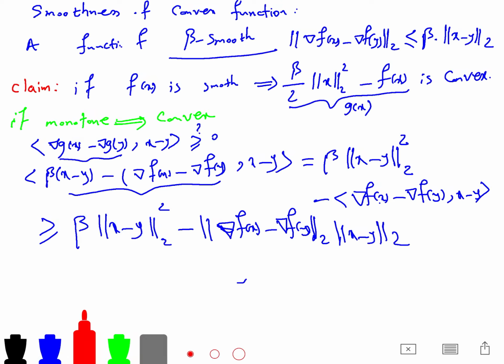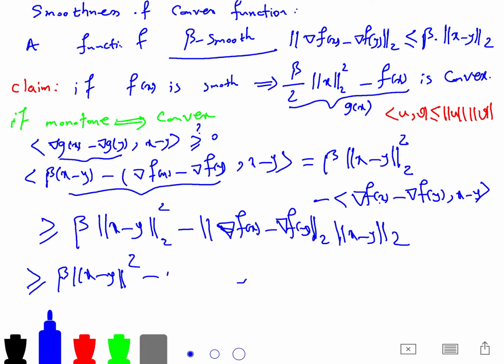Why? Because we have just used the Cauchy-Schwarz inequality, that the inner product of u and v is less than or equal to the norm of u times the norm of v. So we have used the Cauchy-Schwarz, and so this one is greater than or equal to beta times the norm of x minus y squared minus beta times the norm of x minus y squared. So you see, this is equal to 0.